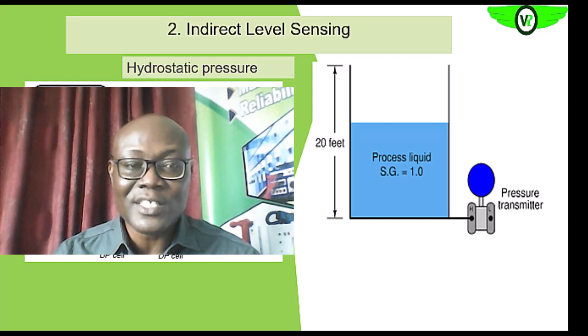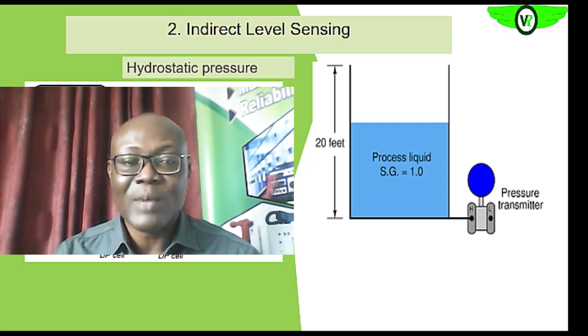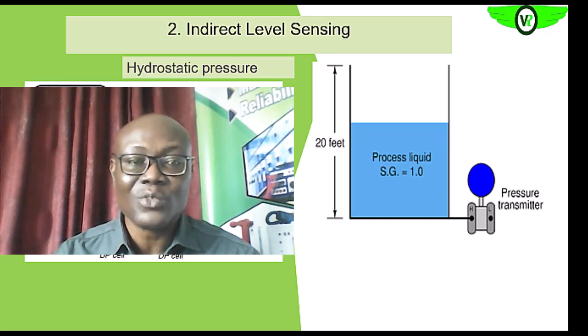So as the pressure at the base is increasing, that shows that level or height is increasing. As it's reducing, that shows that level or height is reducing. So by measuring the pressure at the base, we can infer, that is, deduce the level of fluid in the tank.